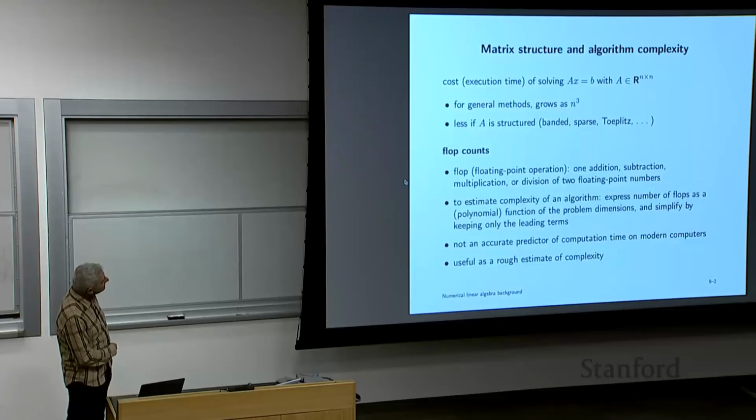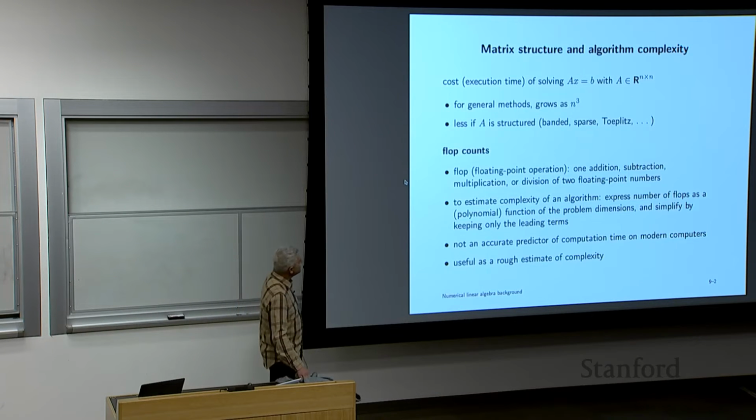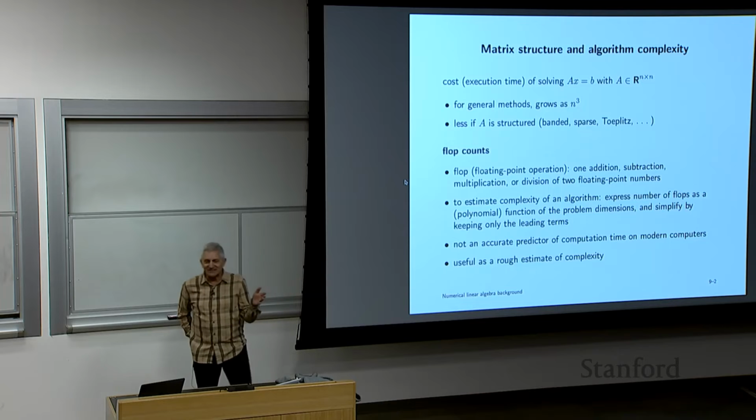Okay, so here's how this works, and it's really cool. The history is very cool. It goes back to the 60s, maybe even earlier. So a floating point operation is an addition of two floating point numbers, subtraction, multiplication, or division. The truth is that's a big old lie, because I think a division takes something like 8 times as long as an add or something like that.